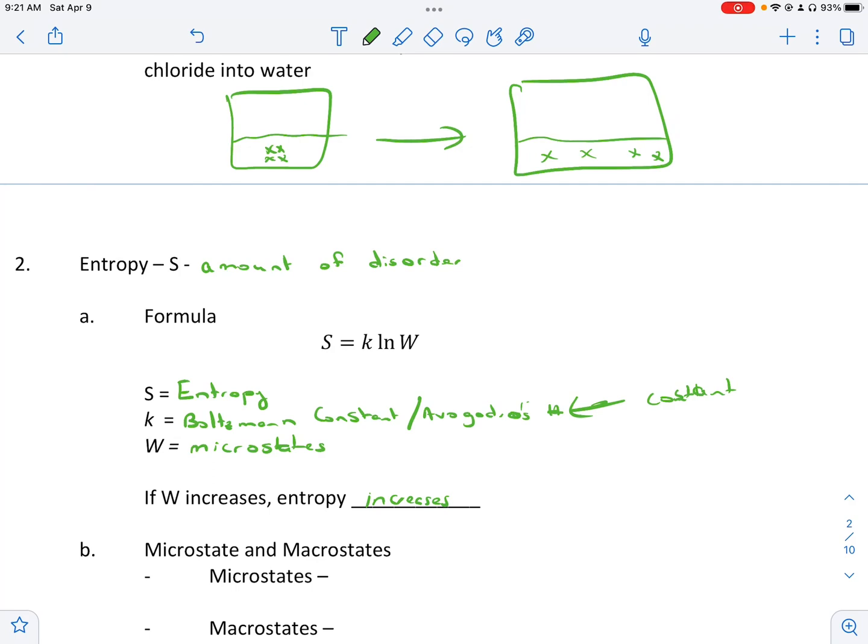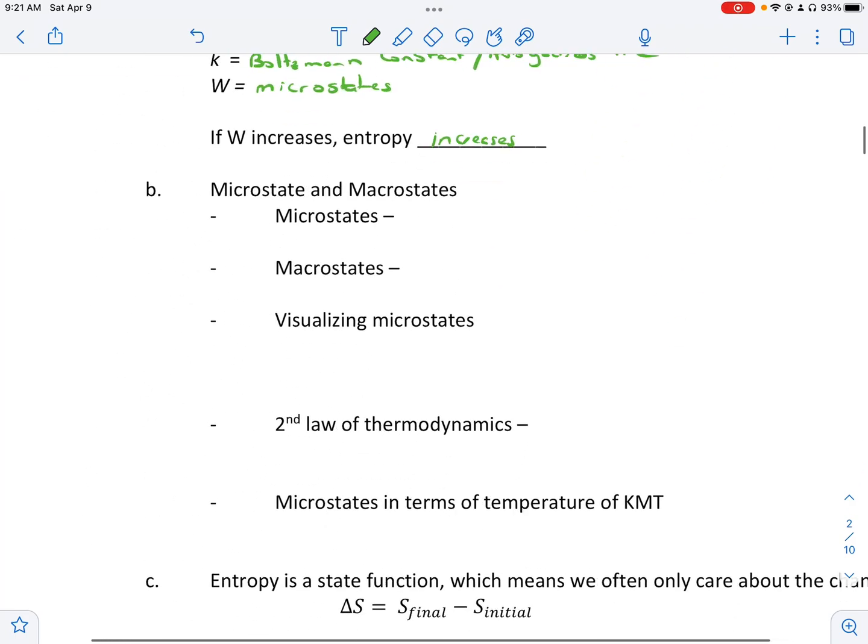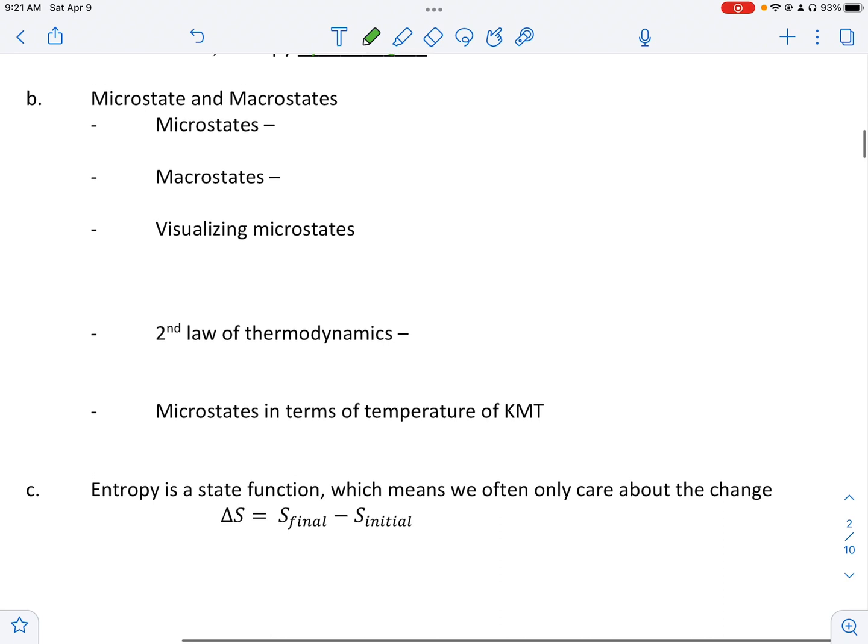Now let's talk a little bit more about microstates. All right, and a good way to look at this is like it's a snapshot on the molecular level. So if we could, we would just take pictures of each particle and it's each individual shot, right?